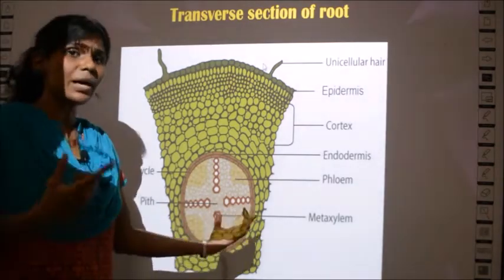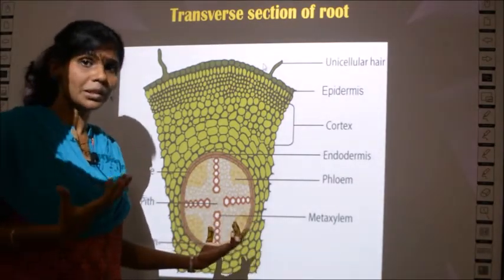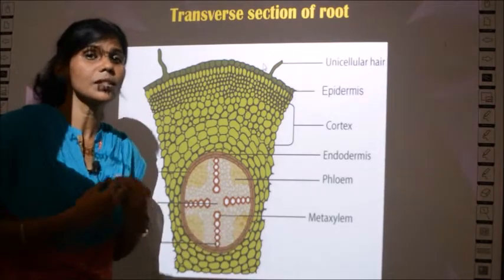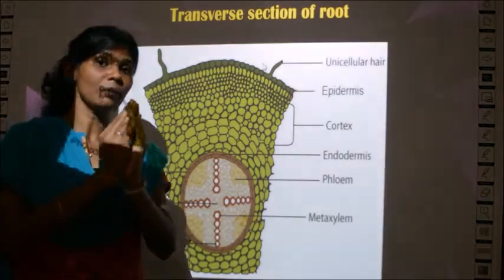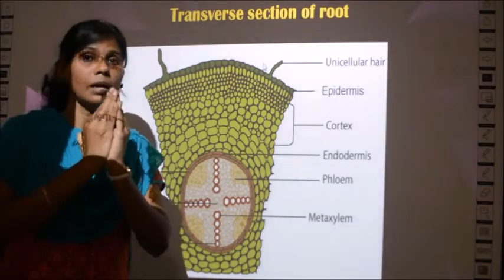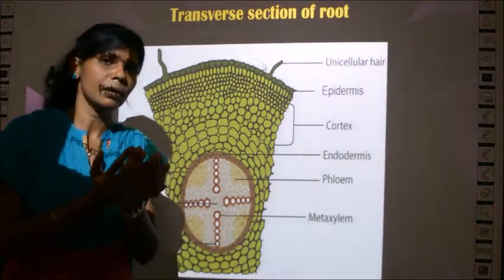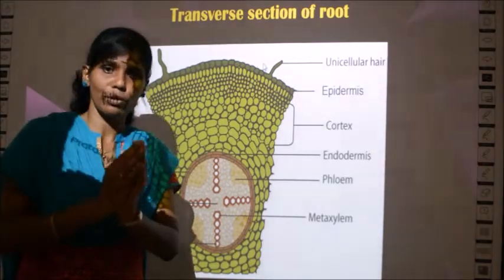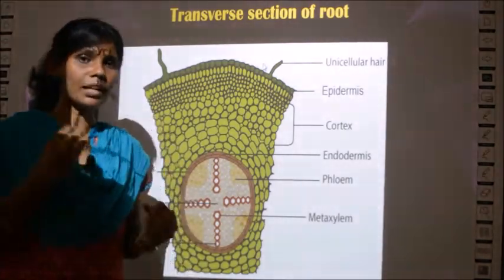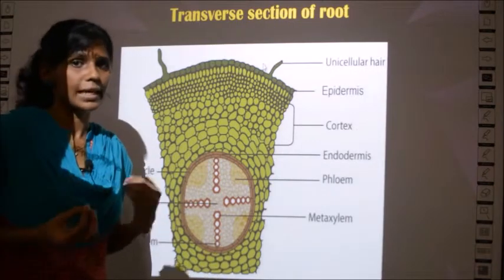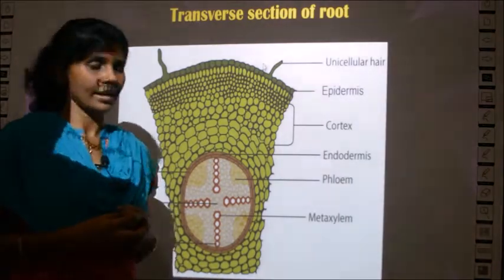Together the xylem and phloem are called conducting tissues. Conducting is the function of xylem and phloem, but they have a name called the vascular bundle. What is a vascular bundle? Xylem plus phloem is equal to vascular bundle. The term vascular bundle is given to xylem and phloem together.